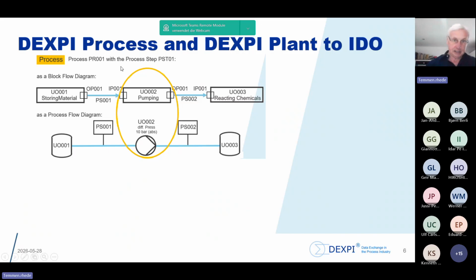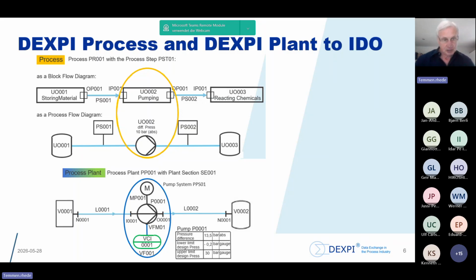In the beginning, we have a process defined with pumping and storing material and chemical reacting as a unit operation between some streams, and for the connection, the inlet and outlet ports, in different diagrams such as a block flow diagram or a process flow diagram, same content.